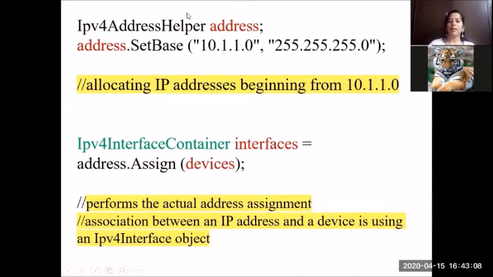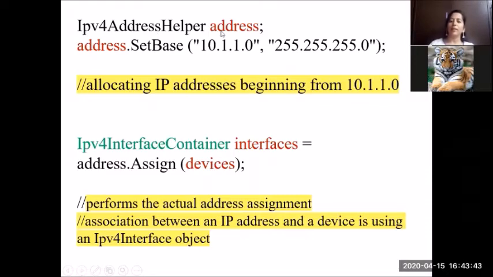After this, address assignment. So remember, we have created empty nodes. On the nodes we have installed the stack and we have set the device and channel attributes. Now we have to assign the IP addresses to various interfaces. So for that, I have a helper class known as IPv4 address helper available. So use this IPv4 address helper class.